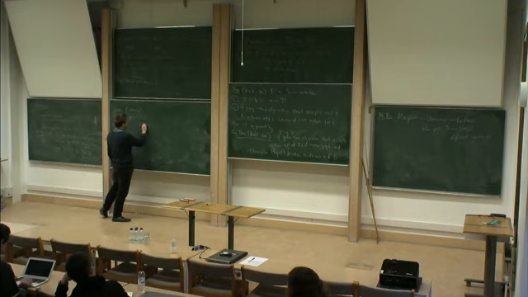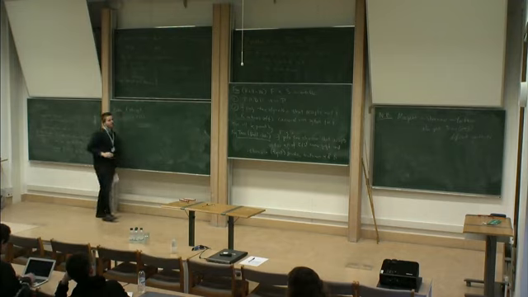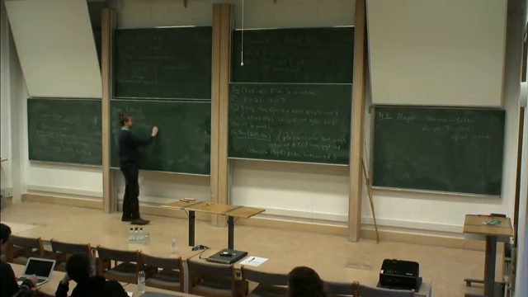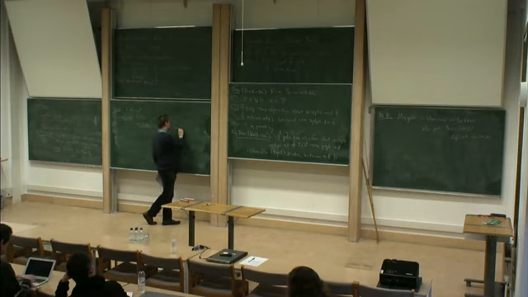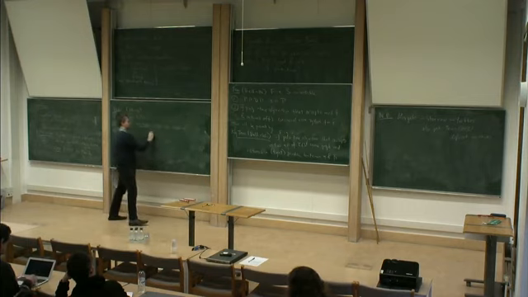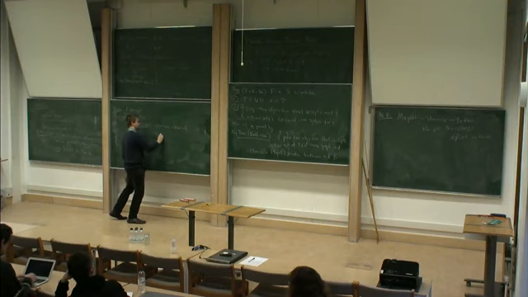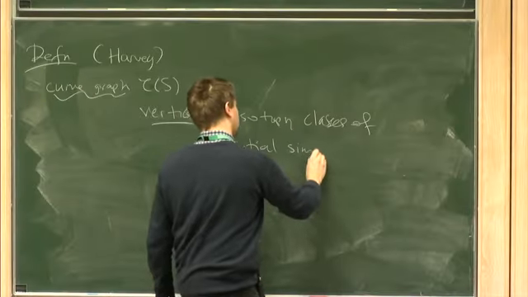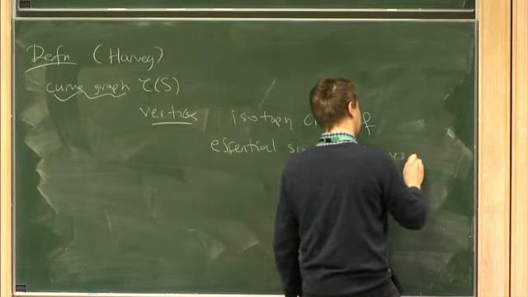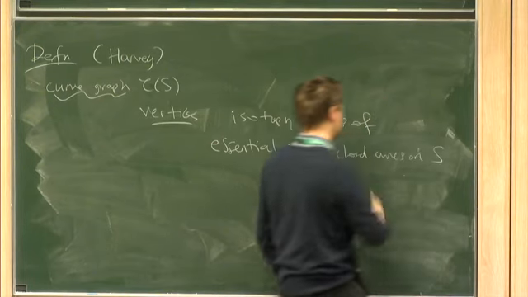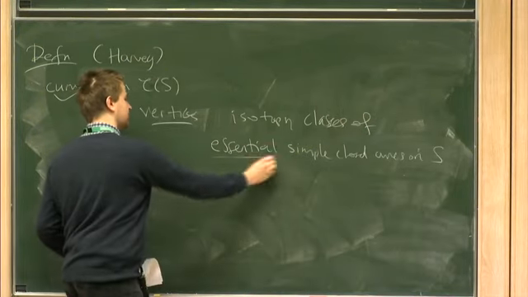And what is it? Well, it's a graph, and the vertices are isotopy classes of essential simple closed curves on the surface. And what does essential mean?